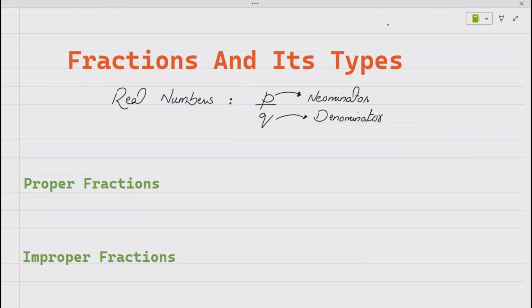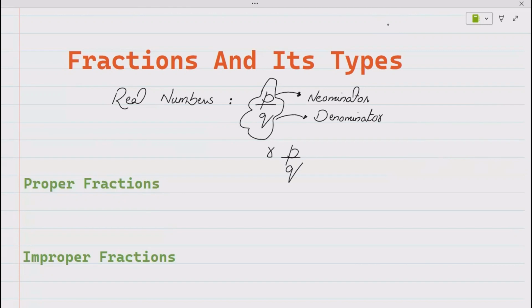So fractions are nothing but the real numbers which can be written like this, in which we have a numerator and a denominator. A fraction can also be written like this, R P upon Q.